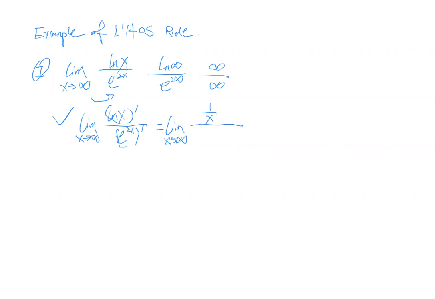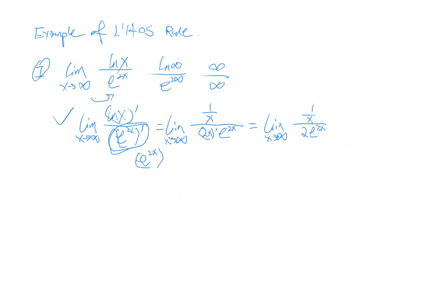And for the denominator, there's a chain rule because we are taking the derivative of e to the 2x. So this will give you the derivative of 2x, multiplied by e to the 2x, because e to the x is e to the x for derivative. Now let's simplify this. What you get is 2 e to the 2x.